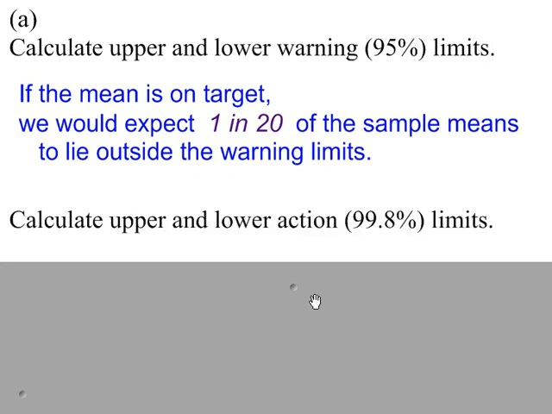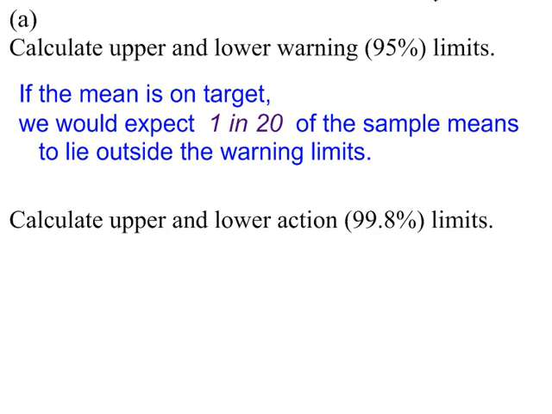And we need to calculate the upper and lower action limits using 99.8% and table 4 to work out our Z values. So we're working out limits, or an interval.